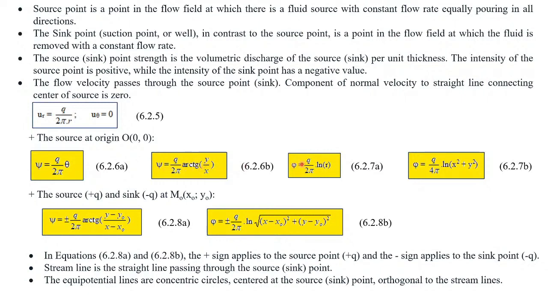And similarly we can find phi equal Q divided by 2 pi log r, and if we substitute r by x squared plus y squared to the power 1/2, and we put 1/2 outside, we get Q over 4 pi, and we get this in the Cartesian coordinate system.